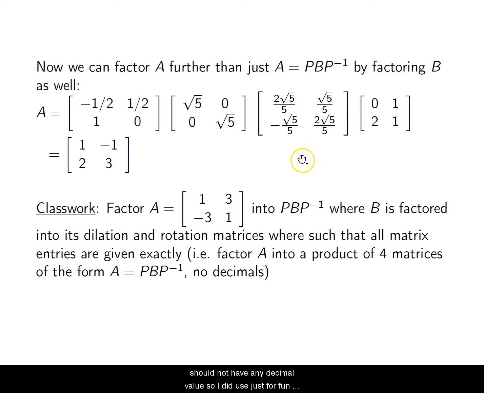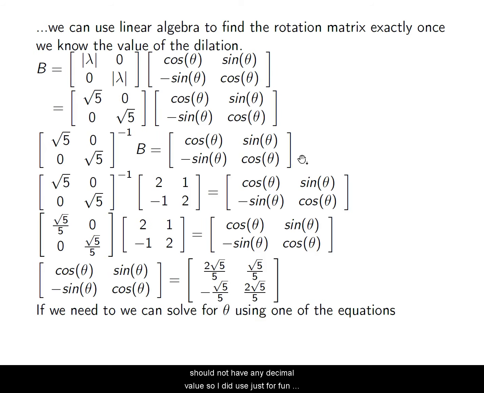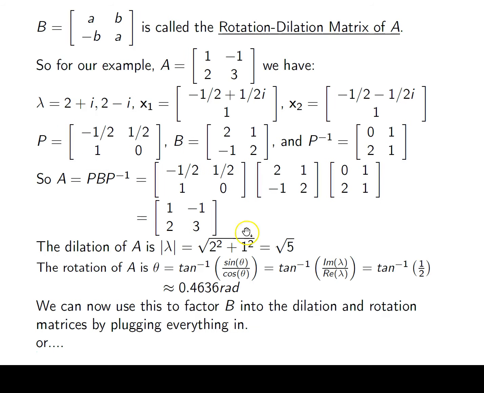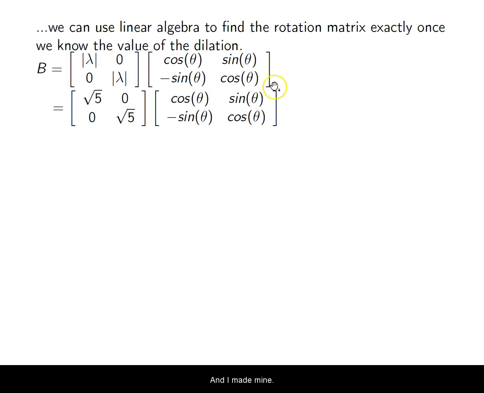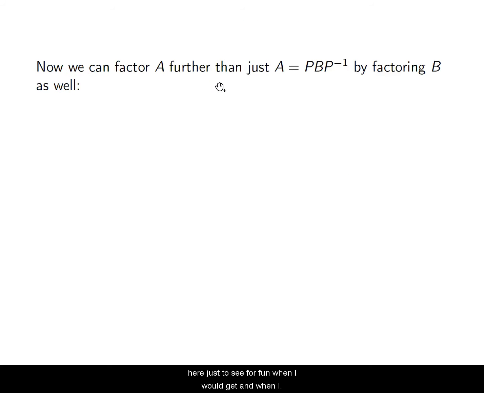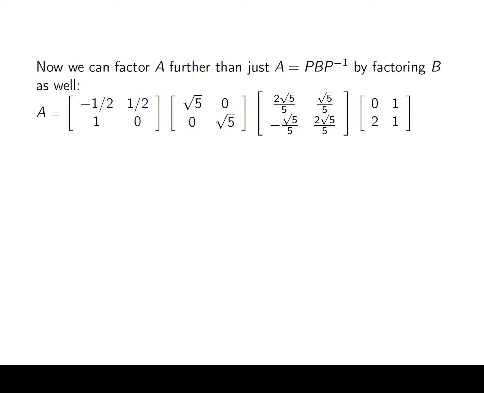So just for fun, or just to check, I used this value, and I plugged in for cosine of this, sine of 0.4636, negative sine 0.4636. I plugged into here just to see what I would get. And when I plug that in, instead of having the exact values, I had those decimal forms.